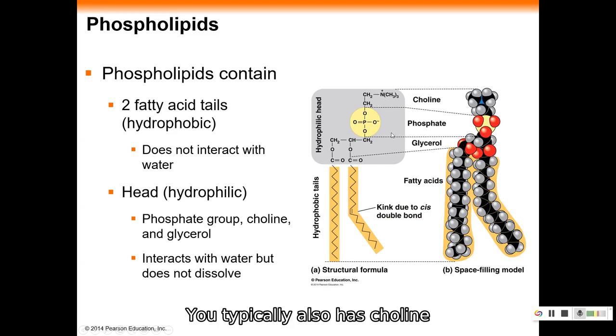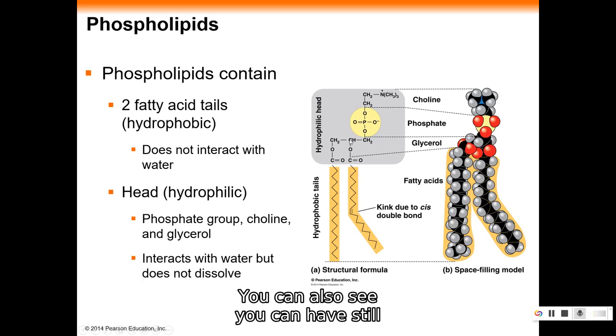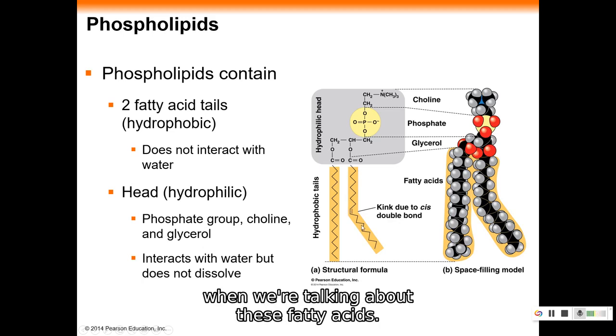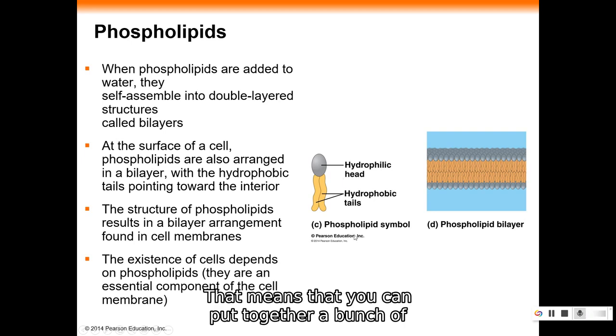It typically also has choline, and then this glycerol is considered part of the head. You can also see you can still have saturated or unsaturated, so straight or kinked tails, when we're talking about these fatty acids. So this is going to react well with water, and these are not going to react with water.